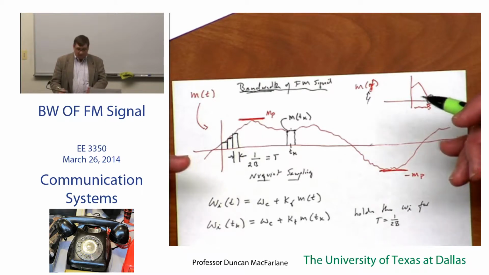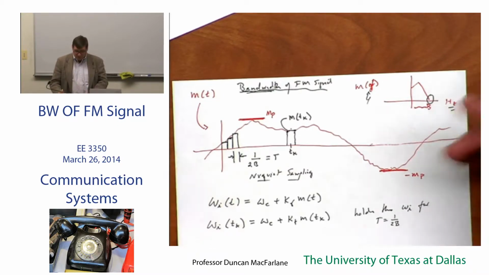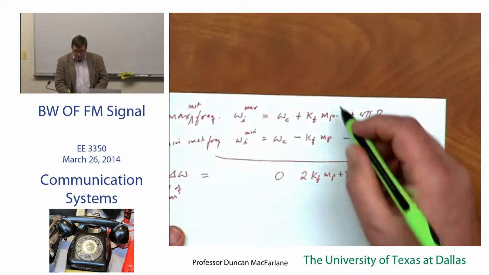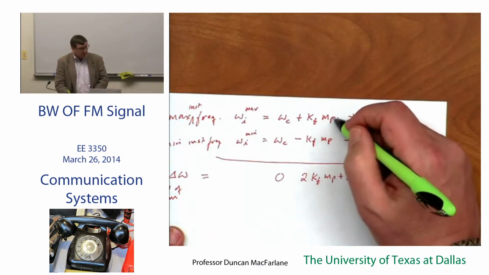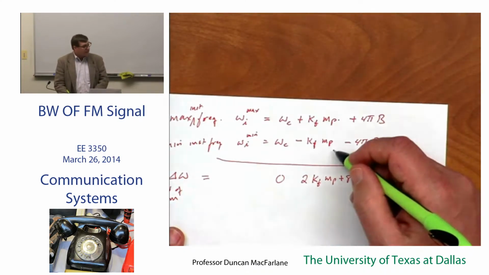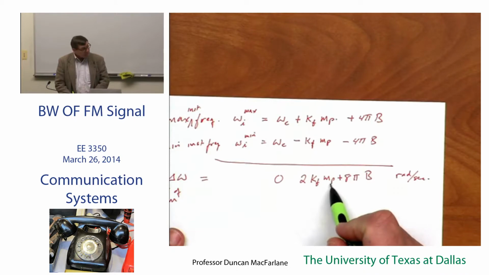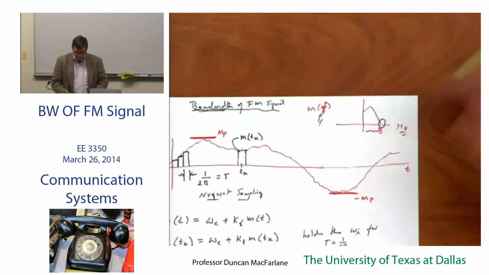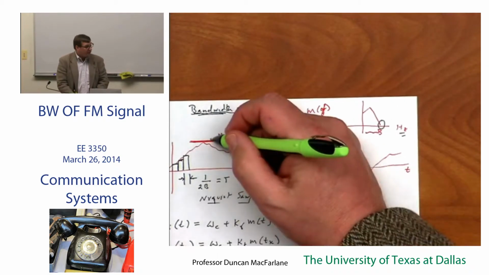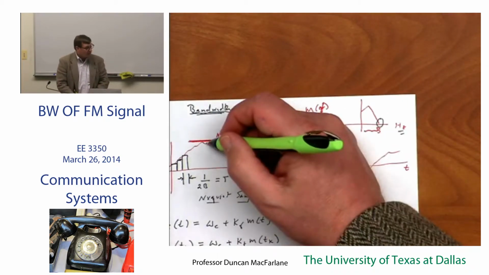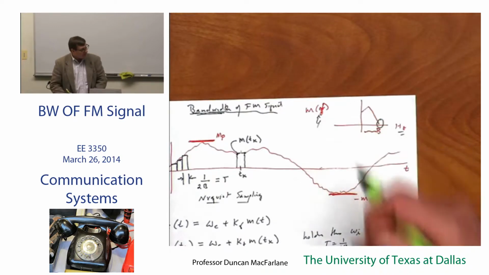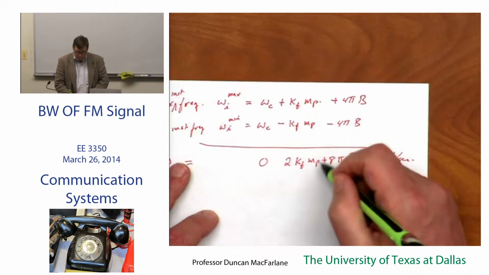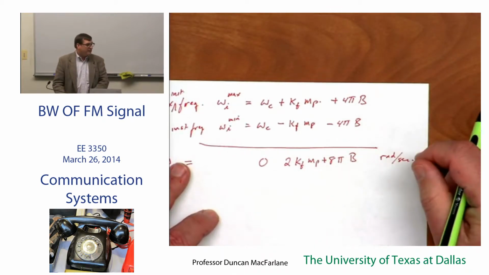Okay, I see. If I do have a DC offset, you're absolutely right. I'll have an MP positive and I'll have an MP negative. And instead of 2 MP, which is just the distance between there and there, if I move this up or down, I have to take MP positive minus MP negative.